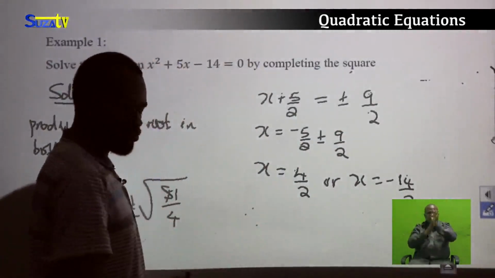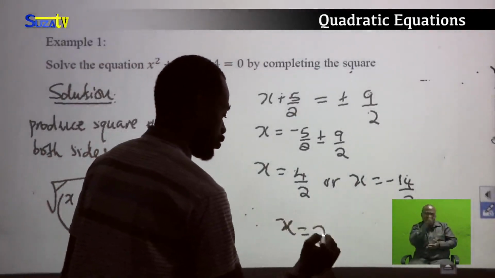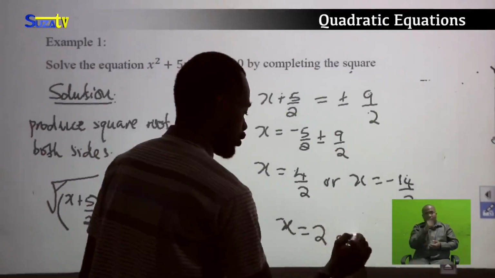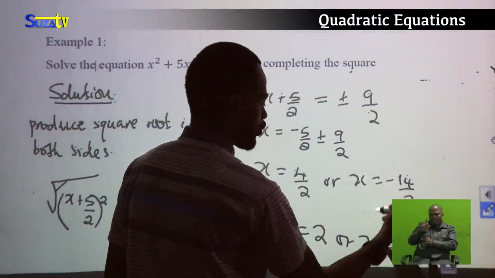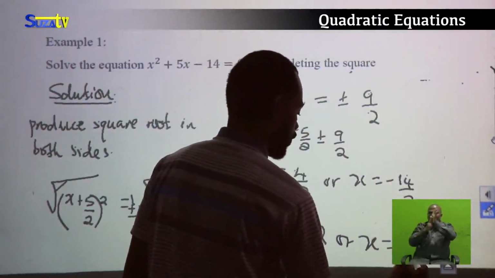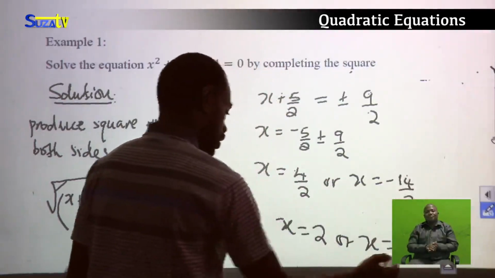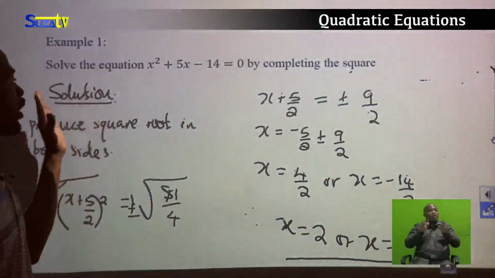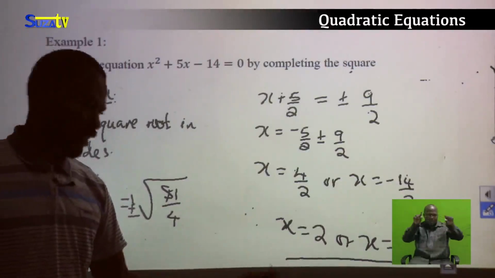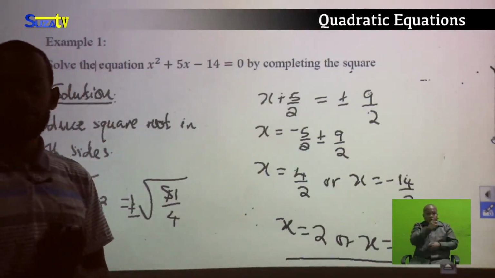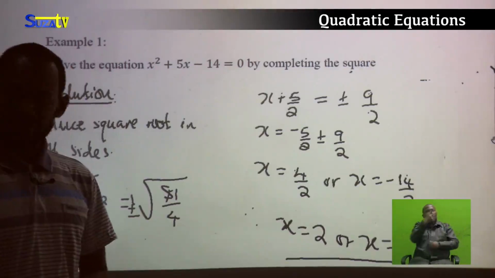So therefore x is equal to 2, or x is equal to negative 14 over 2, which is negative 7. So this is our answer. Therefore, the value of x from this equation is either 2 or negative 7, as you know that a quadratic equation must have two values of x when you solve it. Is it clear?